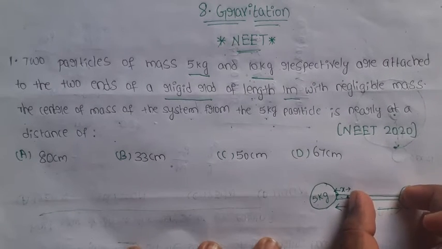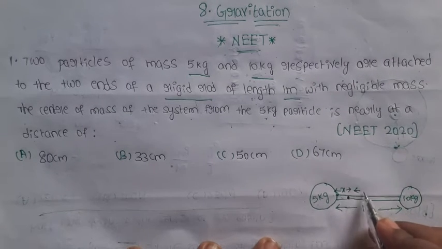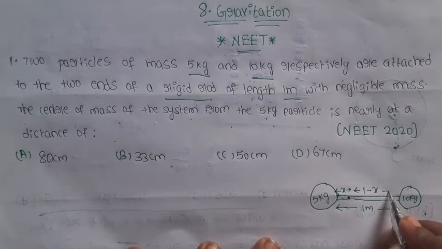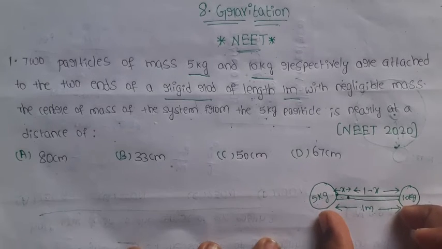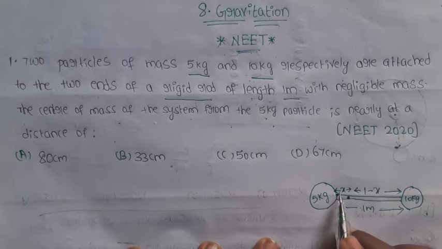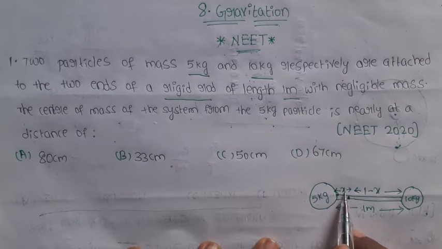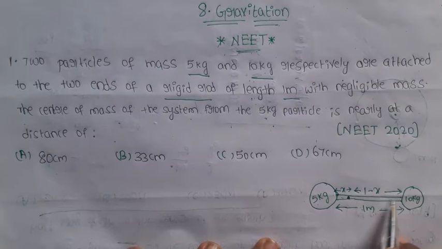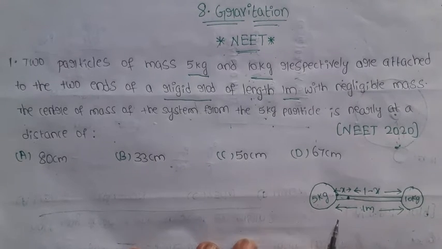What about this distance? 1 minus x. Total distance is 1 meter. The center of mass to the 5 kg object is x meter. So what about the remaining distance? 1 minus x. So here we are going to find the x value.